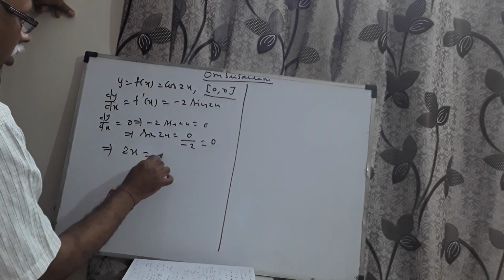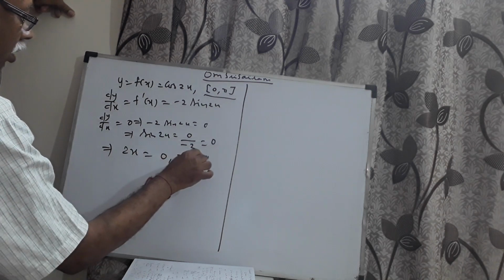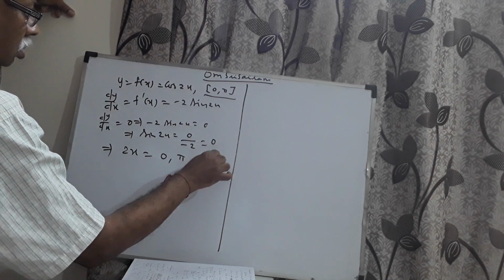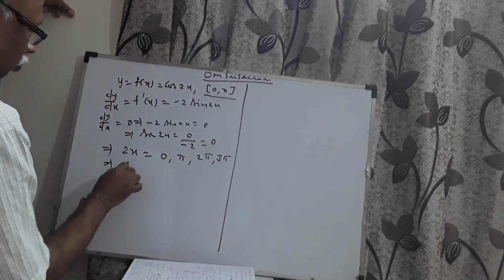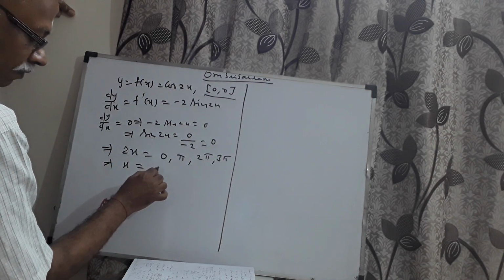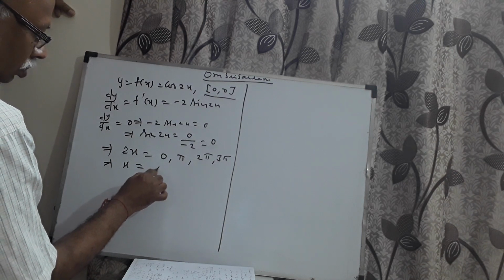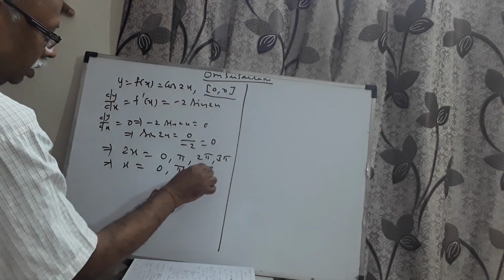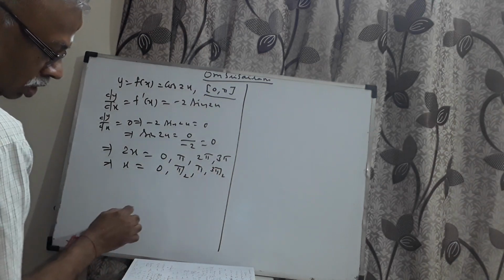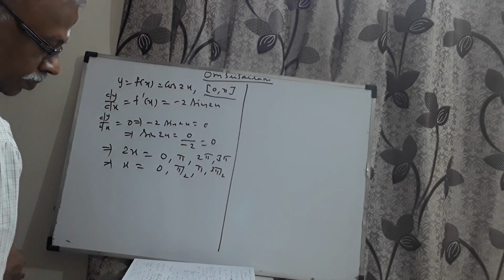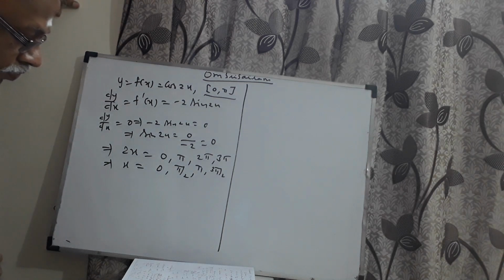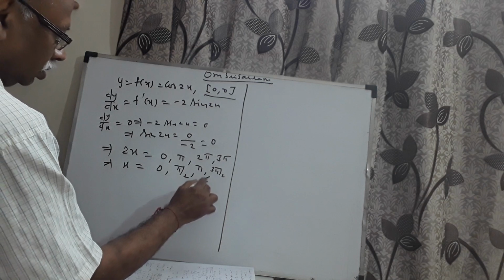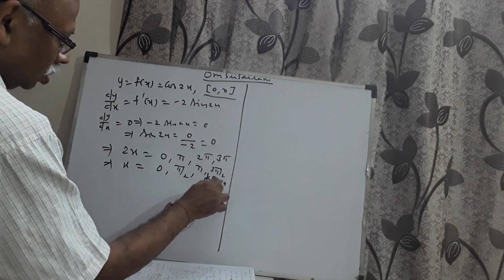Therefore, I take 2x as 0, π, 2π, 3π and so on, which implies x is 0, π/2, π, 3π/2. But this last value does not belong to [0, π].